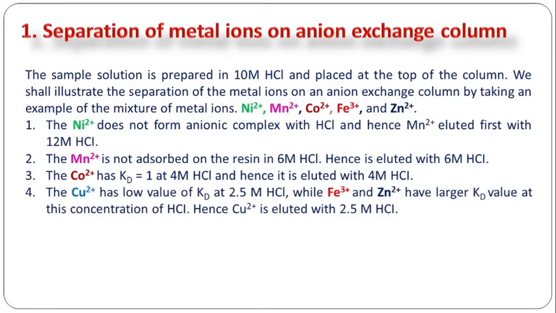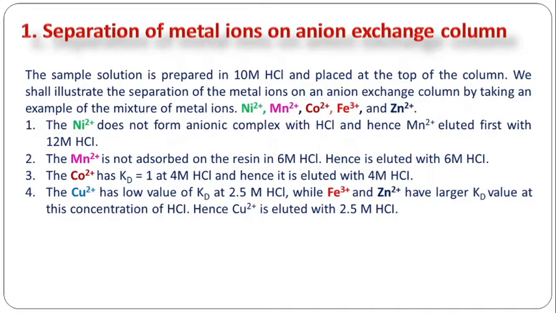Copper 2 plus ions have a low value of distribution coefficient at 2.5 molar HCl, while Fe3 plus and Zn2 plus have larger values of distribution coefficient at this concentration.